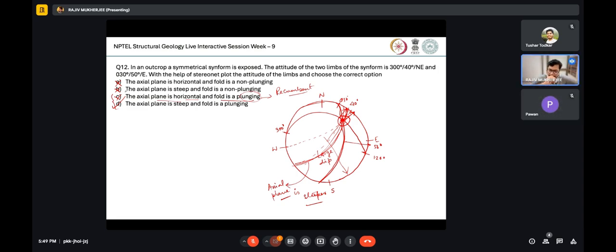Now the thing is that post-tectonic porphyroblasts can actually serve as intertectonic porphyroblasts.